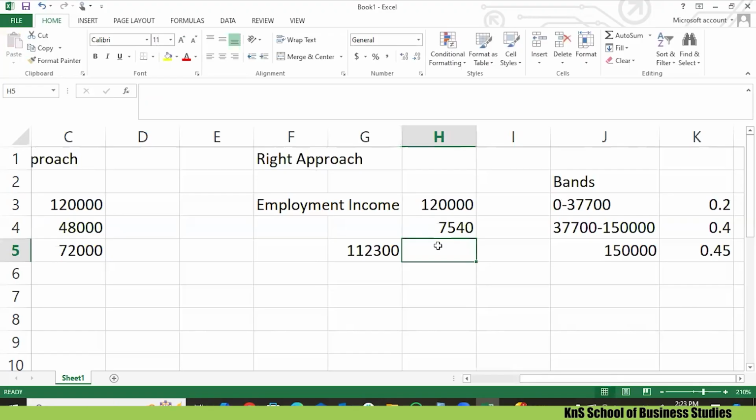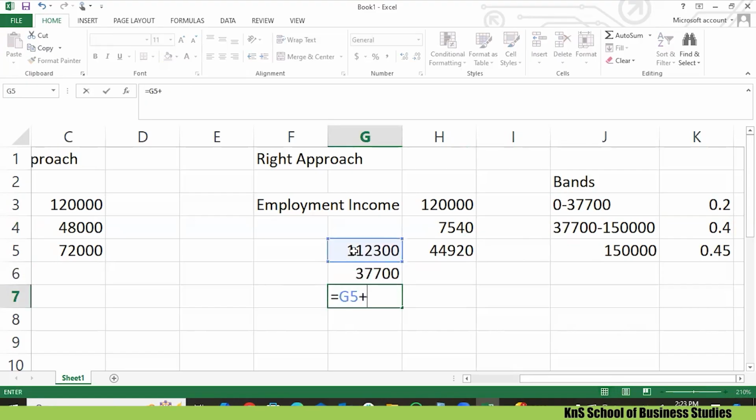Now I'm remaining with this much amount. So now I'll go with the 40%. My entire 120,000 does not come up over here. 120,000 is being divided. So now when you add 1123 and 37,700, how much is it going to equal?